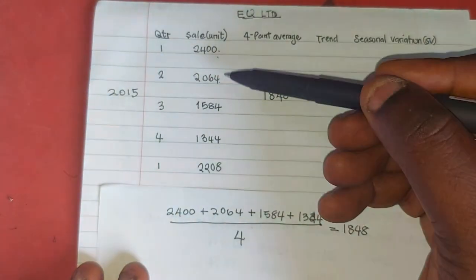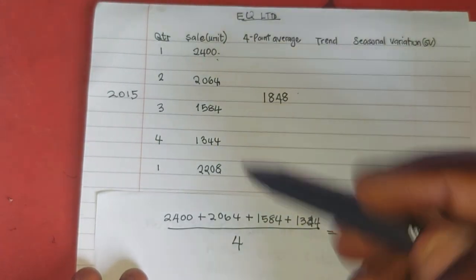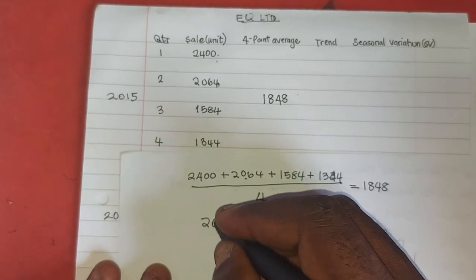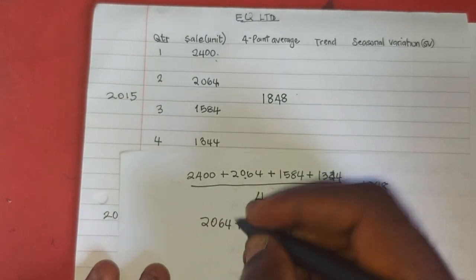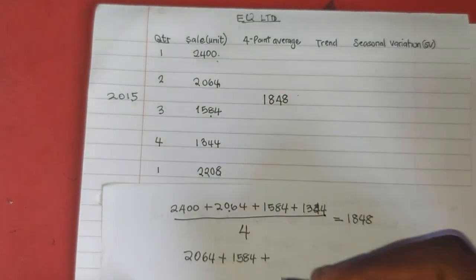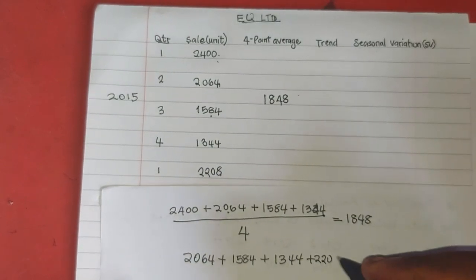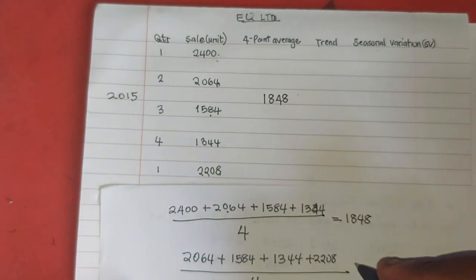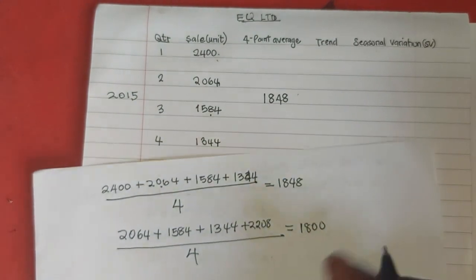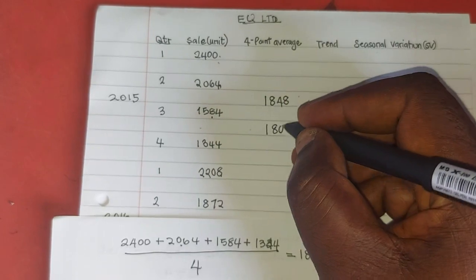Then you start again by picking the second number and count 4. So you start again from here. We have 2064 plus 1584 plus 1344 plus 2204. Then you divide by 4 and it gives you 1088. Then you write it against the middle here, which is 1088.